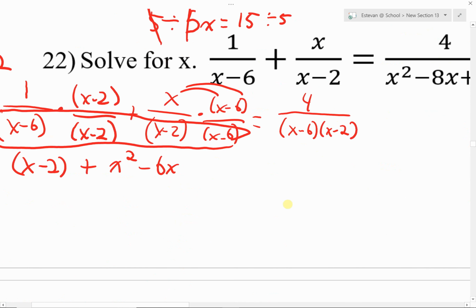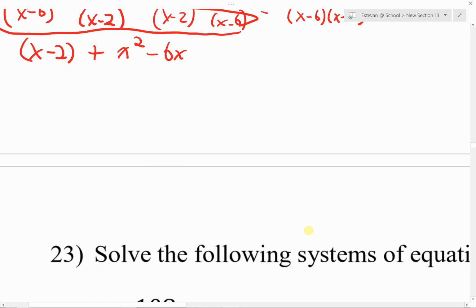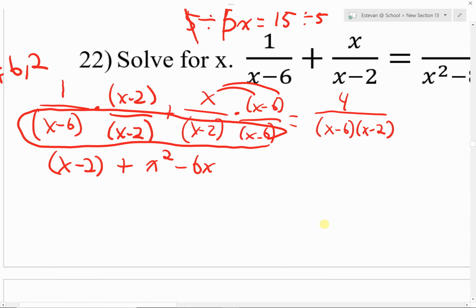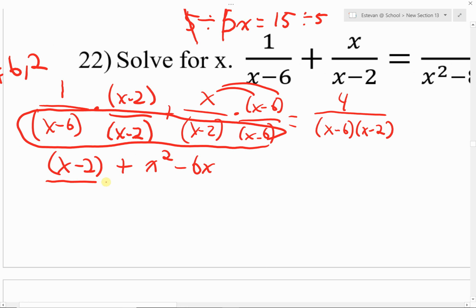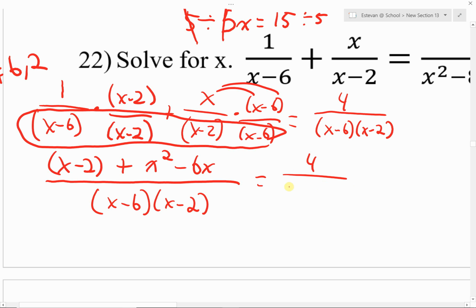And so we're going to be doing that exact same step here for problem 22. Well, first I'm going to write this whole thing out, I guess, because it didn't save. X minus 6, x minus 2 is equal to 4 over x minus 6, x minus 2.